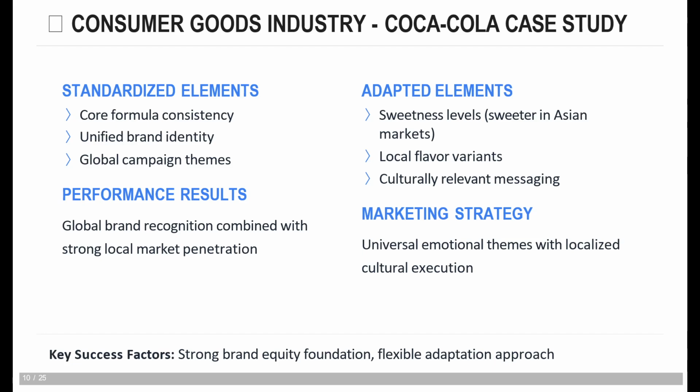This approach has built global brand recognition and strong local market penetration. The key success factor here is a strong brand foundation combined with a willingness to adapt where it matters. During Ramadan, Coca-Cola runs special campaigns in Muslim majority countries, showing cultural sensitivity. Next slide.